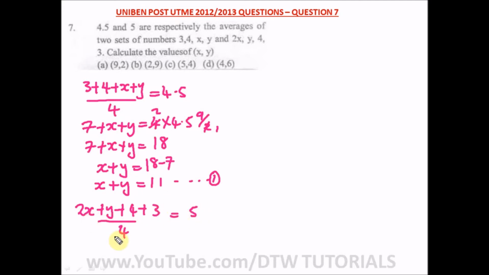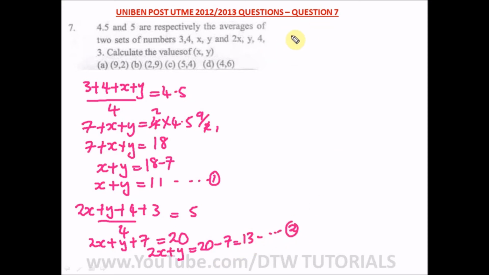So here we have 2x plus y plus 7, since 4 plus 3 is 7, and 4 times 5 will give us 20. To break this further, we're going to have 2x plus y equal to 20 minus 7, and what's 20 minus 7? That will give us 13. So this is our equation 2.